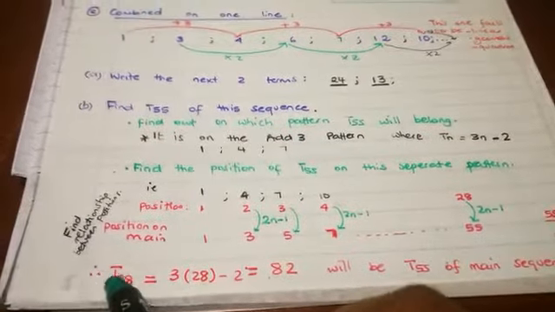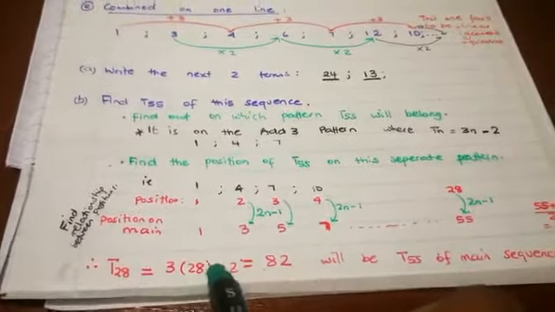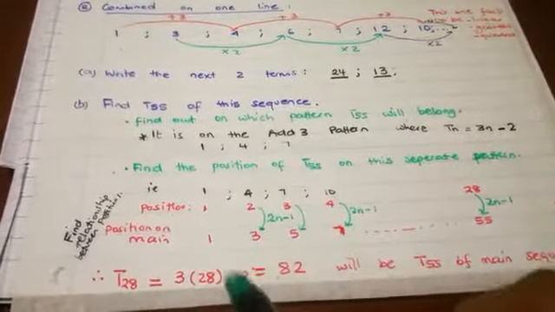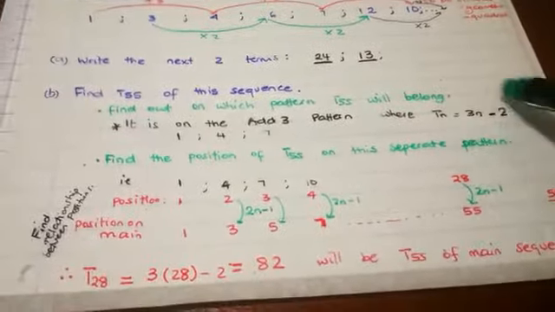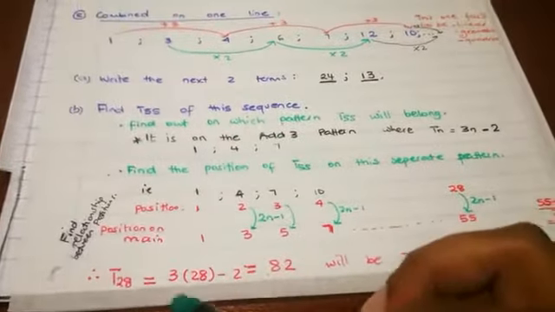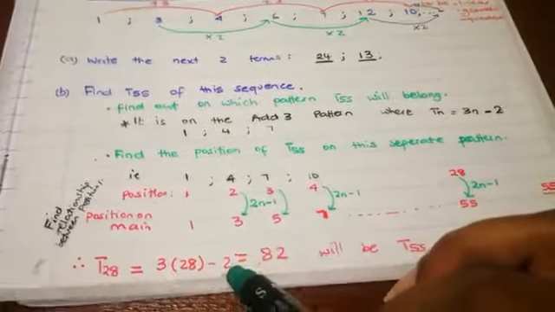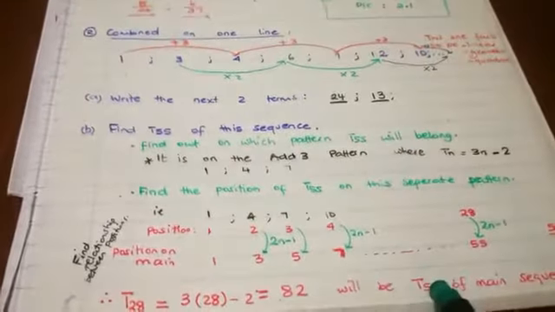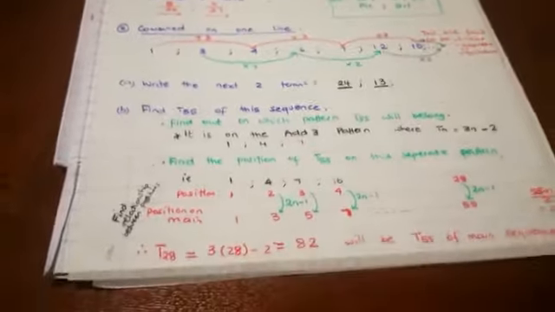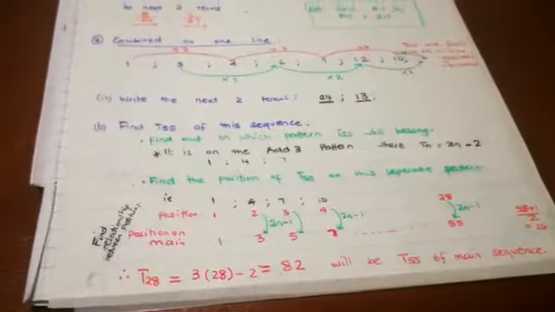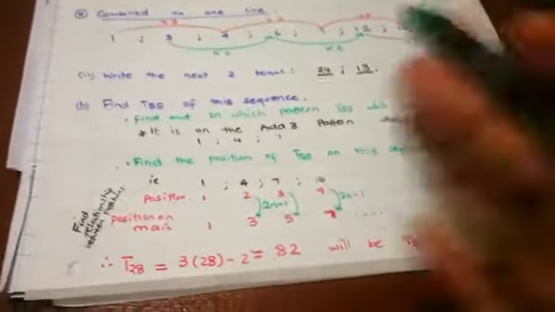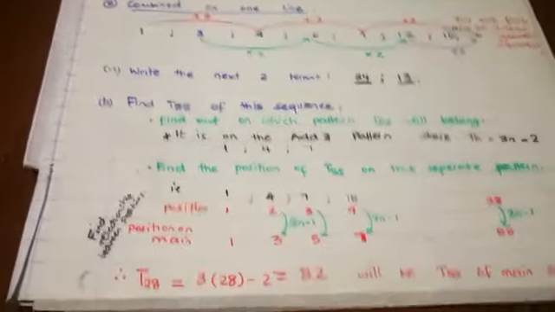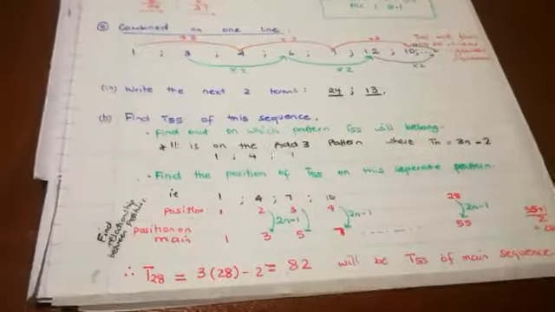So I have to get term 28 of the red sequence, which is 3 times 28 minus 2, using this formula. So 3 times 28 minus 2 will give me 82. So 82 will be term number 55 of the main sequence, when it is term 28 of the red sequence. So you have to be able to separate the sequences and find the correct term. Okay, so please be careful.